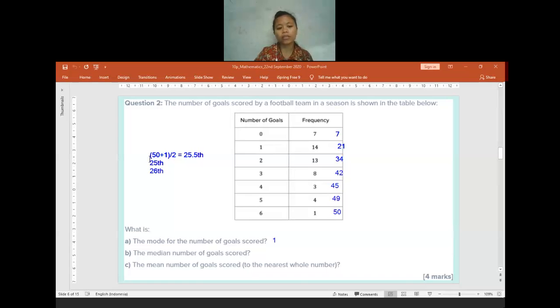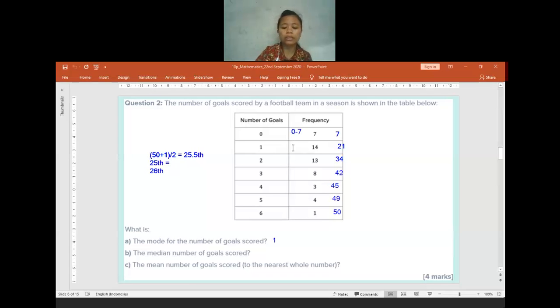What is the 25th data? Anyone can help me? The 25th data is not 14. What number will it be for the 25th? For 7 in here, it means we have 0 until 7.